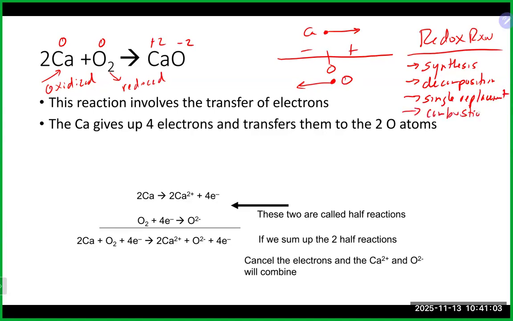These are all specific ways to classify a redox reaction. This obviously would be a synthesis or a combustion reaction, actually. So once again here, our metal is being oxidized, basically sending its electrons over to our oxygen in this particular case, where they're going to be accepted. And that is, again, where they basically form charges in this case, right?